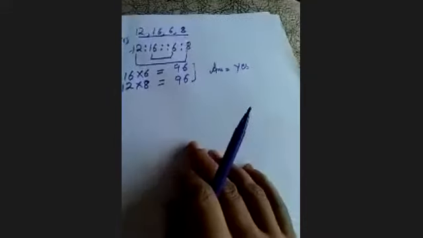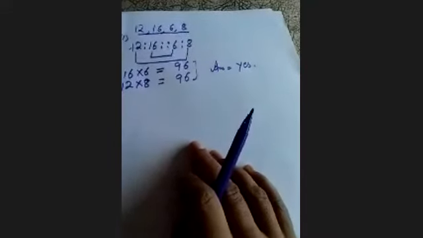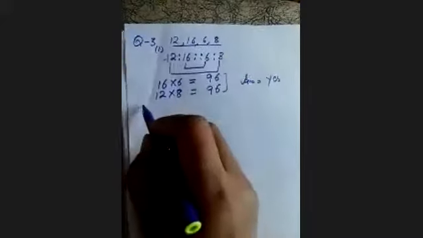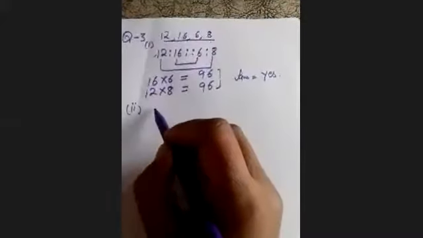Next is second part, third question, second part. Now your numbers are 2, 3, 4 and 5.